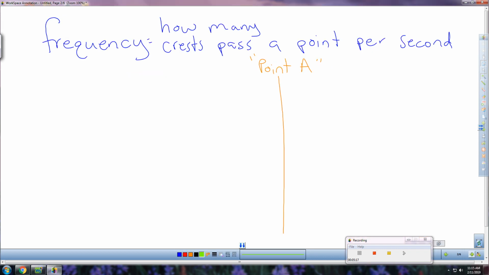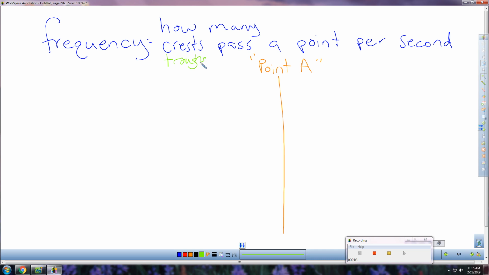All right, so we're going to move on to the next slide here, talking a little bit about frequency. What is the frequency of a wave? How many crests, or we could substitute in troughs, rarefactions, or compressions, pass a point per second.